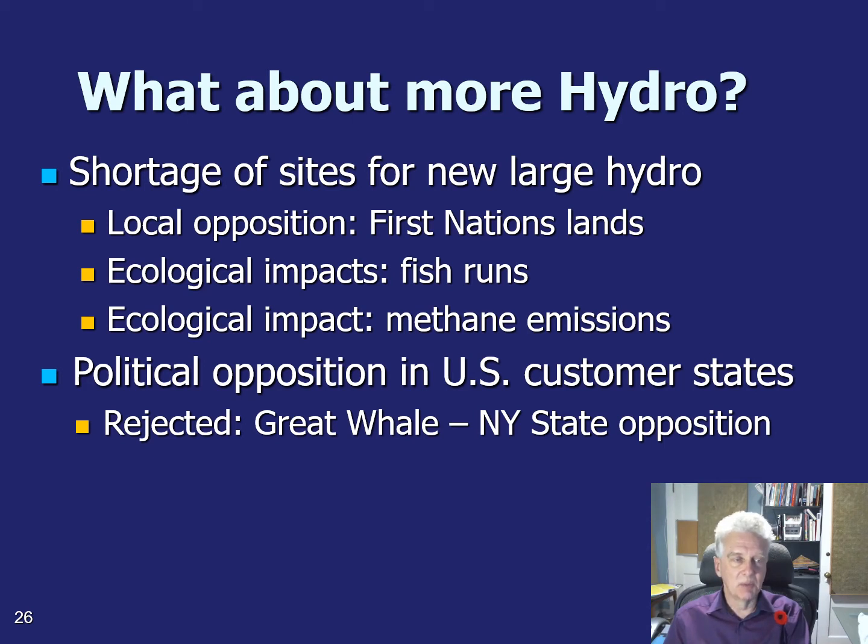And the Great Whale Project in northern Quebec was proposed to sell a lot of electricity into New York State, but the buyers in New York really put that out of business. It was a really strong, organized campaign; the New York legislature had to put their agreement in, and the public wasn't on side with that.